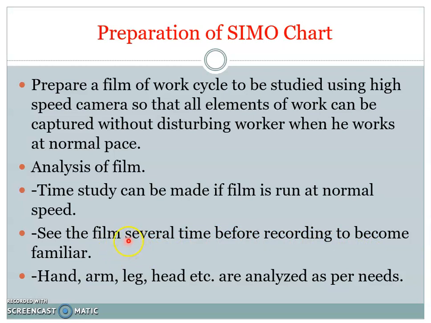That means by seeing the film only once, we cannot judge or record an activity. So we have to see the film several times. Then hand motions, arms, legs, head, etc. are analyzed as per the needs. So while doing the analysis, these three points are important: time study can be made if the film is run at normal speed, then see the film several times, and all the body parts' movements are analyzed.